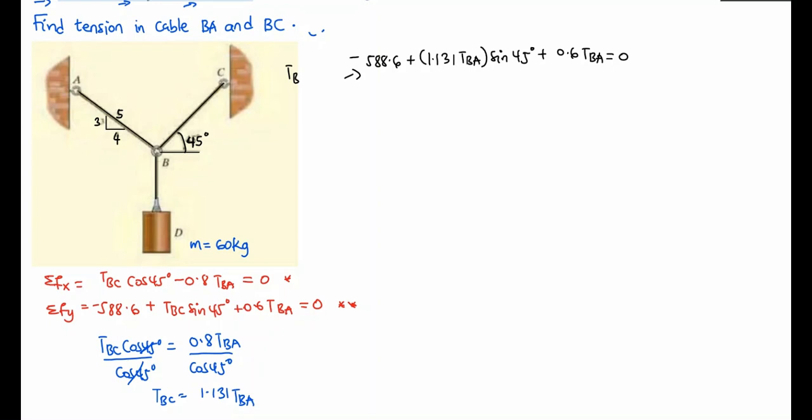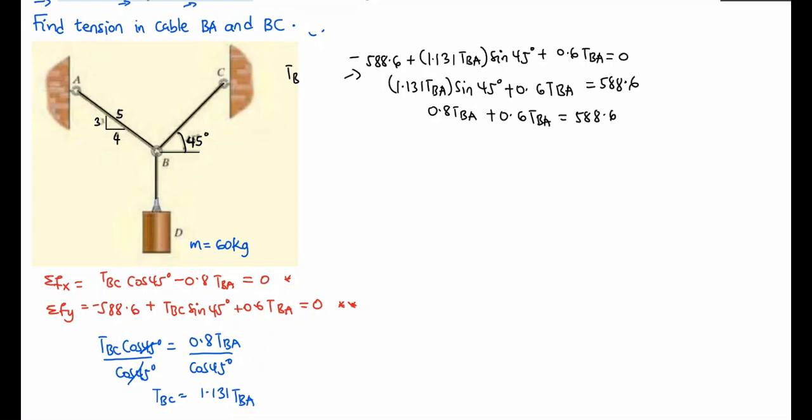So let's simplify this and see what you are going to get. I'll take this value to the right hand side. So we are going to have 1.131 multiplying TBA times sine of 45 degrees plus 0.6 TBA, equal to 588.6. So let's simplify what you have on the left hand side. 1.131 multiplying sine of 45 degrees gives us a value of 0.8 TBA, plus 0.6 TBA, equal to 588.6.